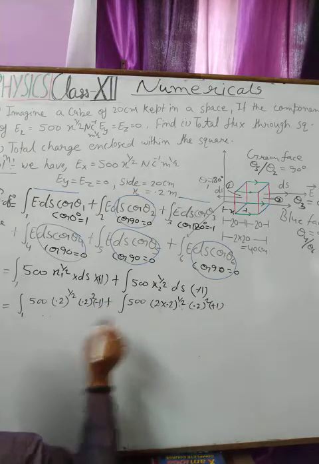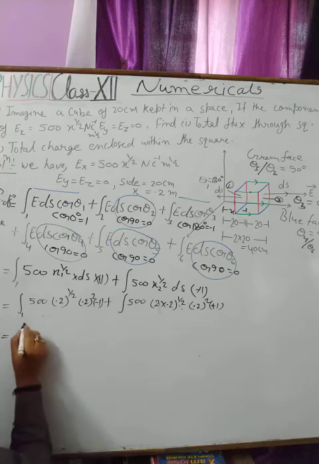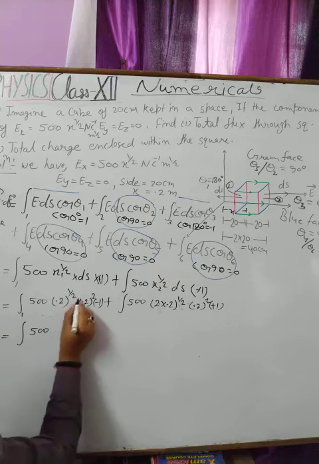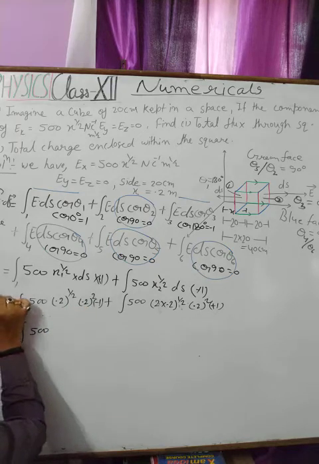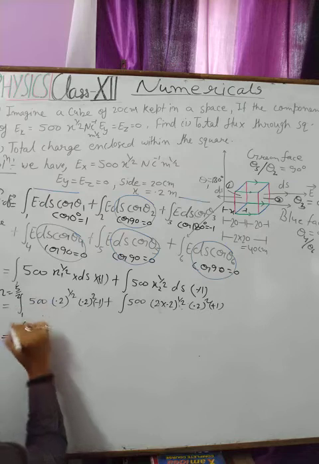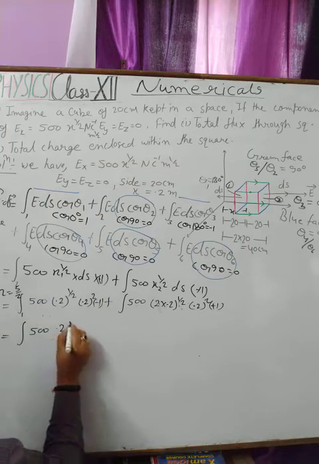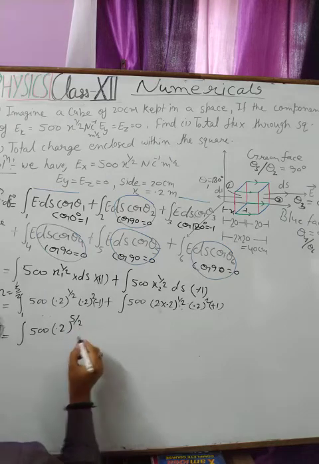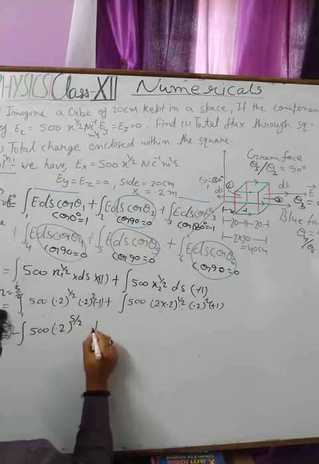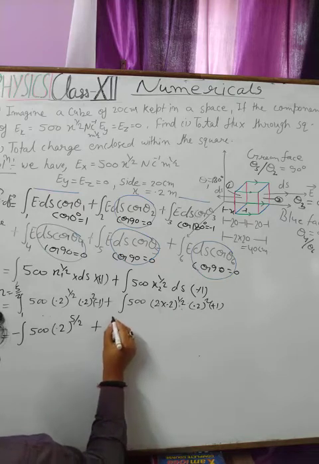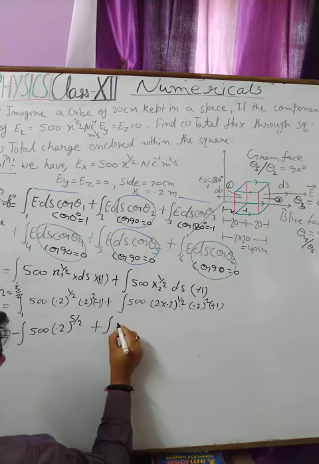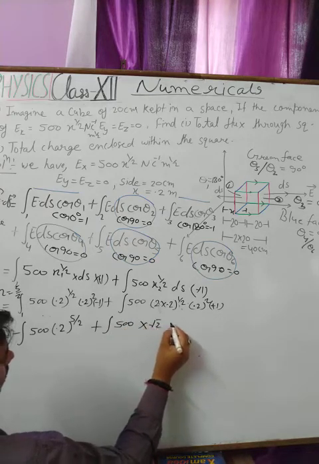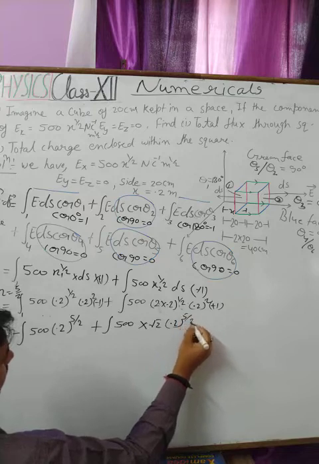Okay, on solving this we are finding 500 into 0.2, 1 by 2 plus 2, we are getting 5 by 2. On solving this we get 0.2 to the power 5 by 2 minus and plus 500 into root 2, 0.2 to the power 5 by 2.